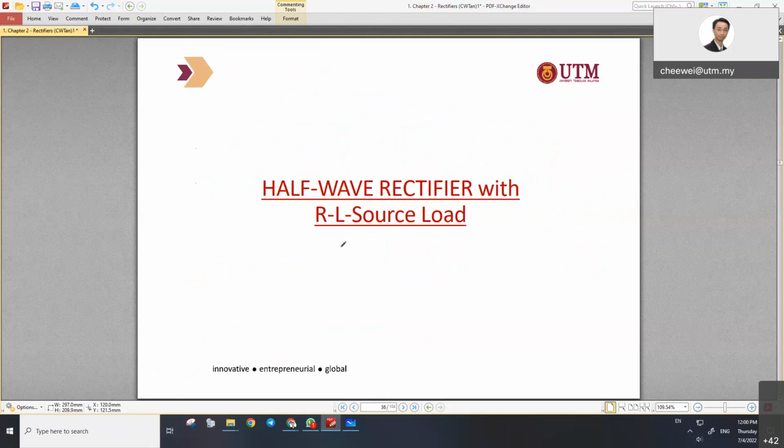Any problem so far? With that, we have completed the half wave. Half wave? Not yet. Half wave R and RL only, both controlled and uncontrolled.